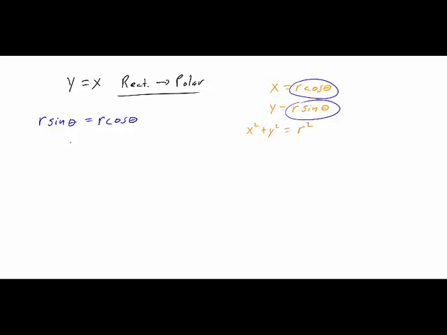Now, we're probably going to simplify this a little bit. And to do that, here we need to be careful. We can actually divide both sides by r. And if we do that, we'll end up with sine of theta is equal to cosine theta.